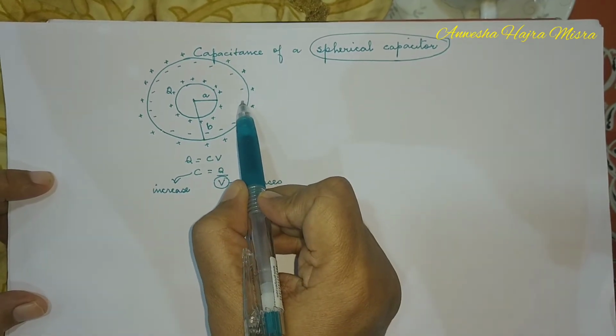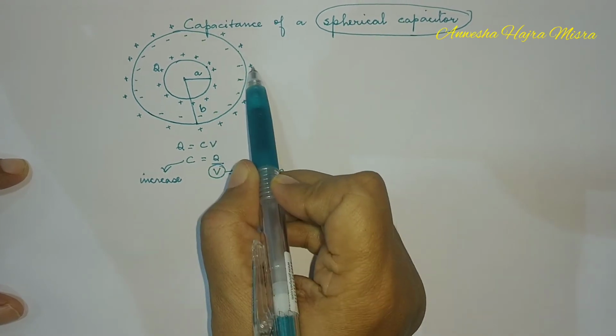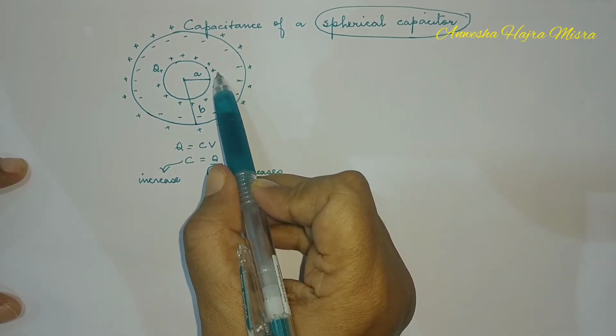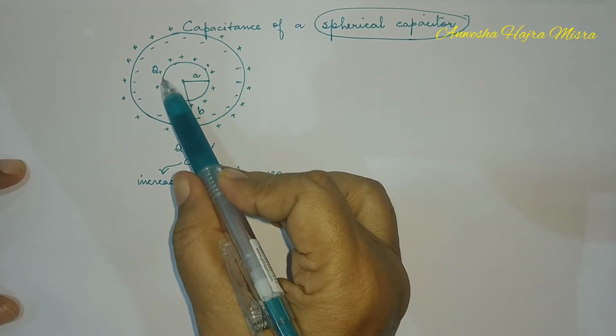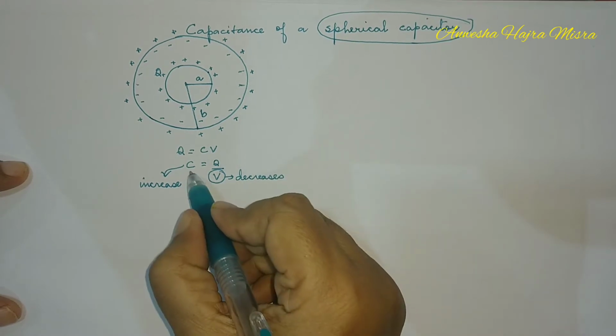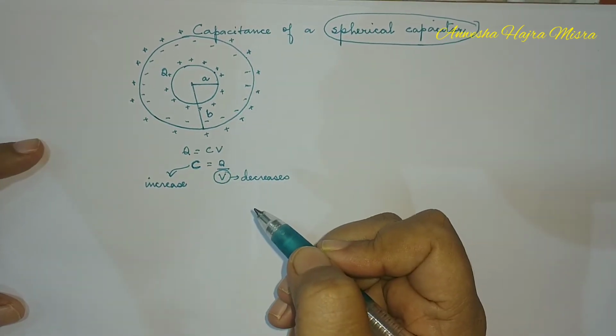Now this negative charge is reducing the potential of this sphere. Positive is increasing, but negative will reduce more. So the net potential of the inner sphere decreases and the capacitance of this combination increases.